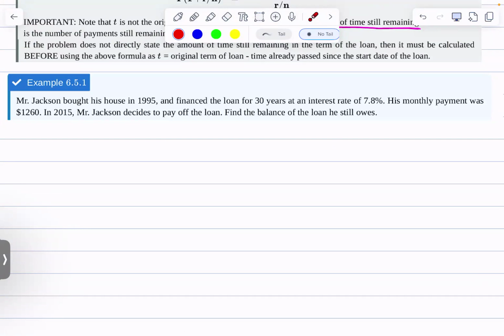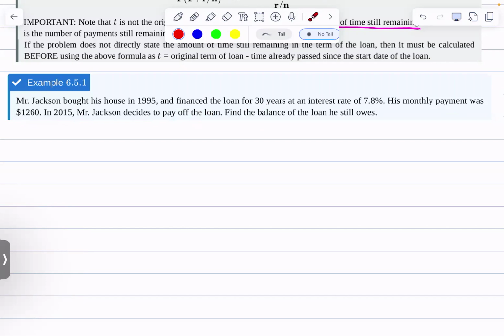Wouldn't that be nice? And financed the loan for 30 years. Well, they had insane interest rates though. So, yeah. And financed the loan for 30 years at an interest rate of 7.8%. His monthly payment was $1,260. In 2015, Mr. Jackson decides to pay off the loan. Find the balance of the loan he still owes.